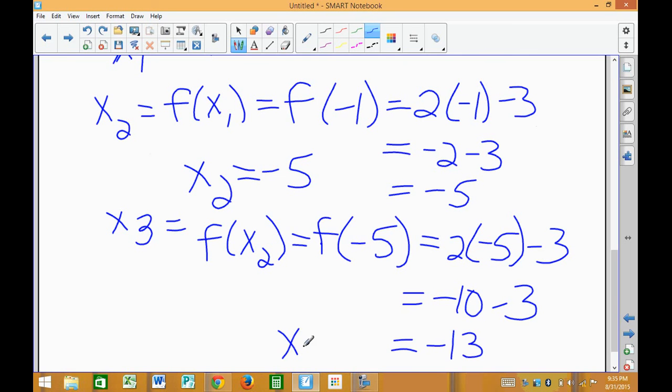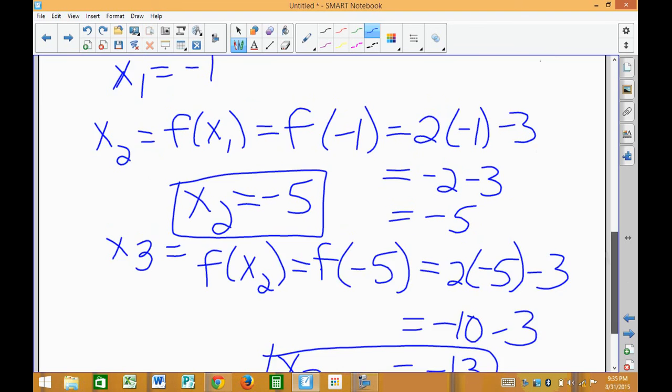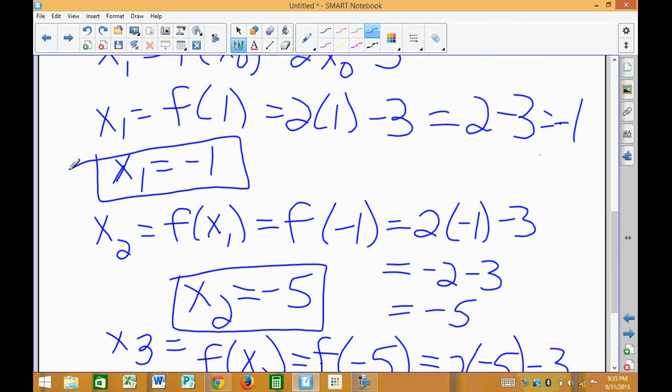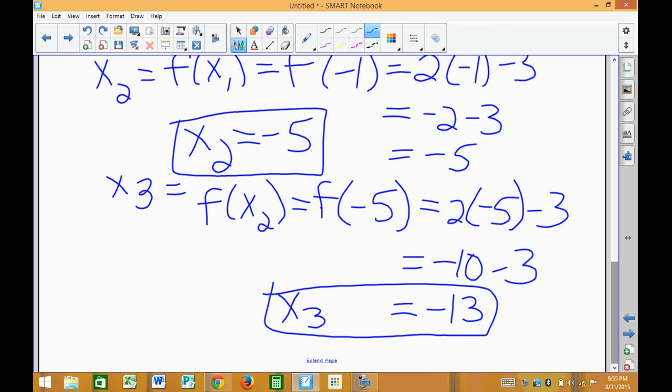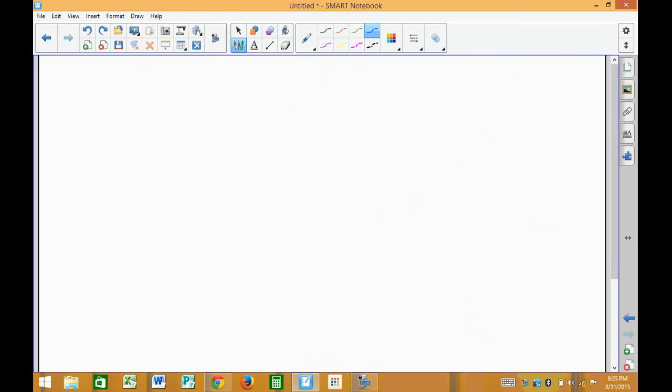So the third iteration, x sub 3, was negative 13. The second iteration was negative 5. The first iteration was negative 1. And hopefully we'd see a pattern in these iterations, and that would allow us to solve more complicated problems. And that's all we have for this recording.